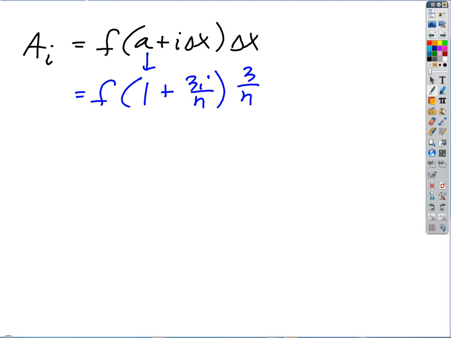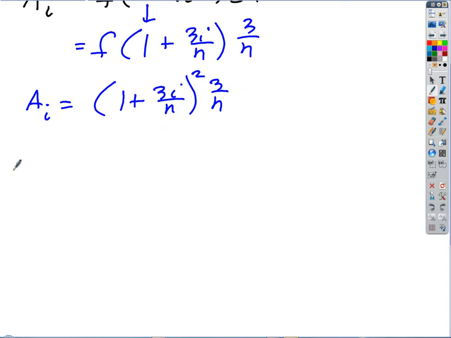Okay, so a sub I is the quantity 1 plus 3i over n squared times 3 over n. Okay? So we've got to sum those up then. There's the area of one of them. The total area is just going to be the sum of all those, up to n. Right? Whatever n is.